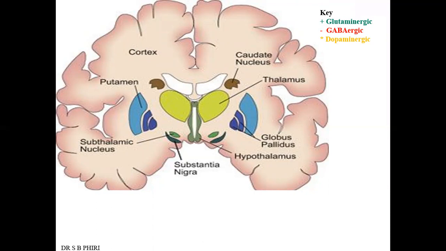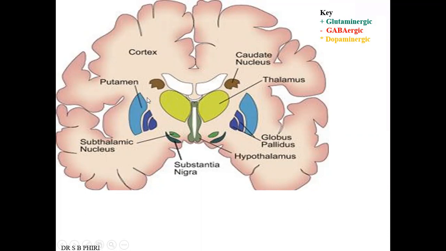So we have glutaminergic neurons that are coming from the cortex to the basal ganglia via the caudate nucleus and the putamen. Those neurons are mainly releasing glutamate, and this glutamate is stimulatory. That's why you have a plus here. Green means go.